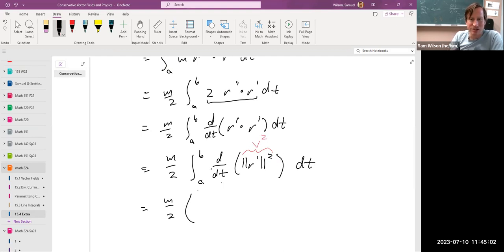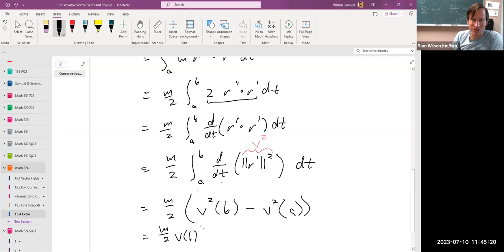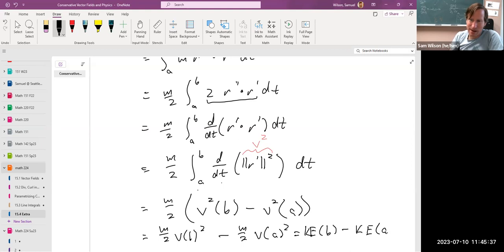So now when we do the fundamental theorem of calculus, what we get is the velocity squared at B minus the velocity squared at A. So this is m over 2 times the velocity at B squared minus m over 2 times the velocity at A squared. But this is just the kinetic energy at B minus the kinetic energy at A.